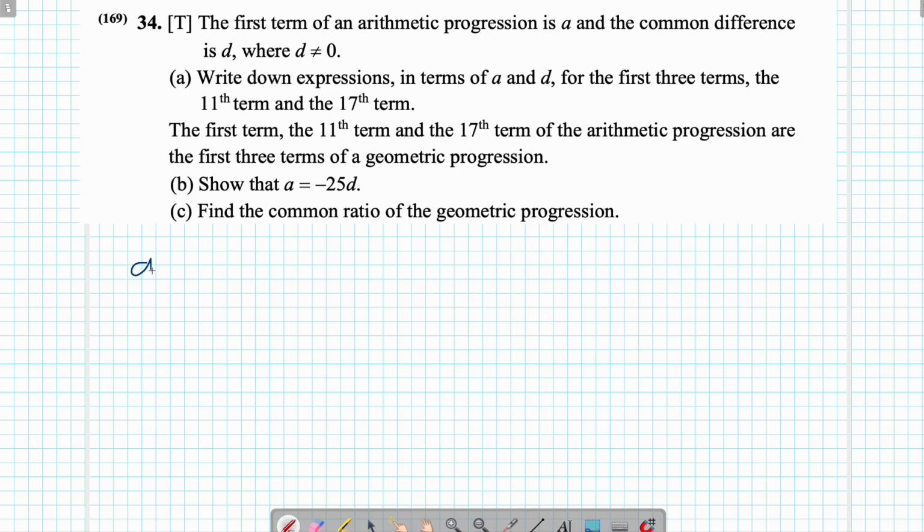So a1, that's the first term. The 11th term would be a, as they said here, plus n minus 1 times d, 10d, and then a plus 16d for the 17th term.